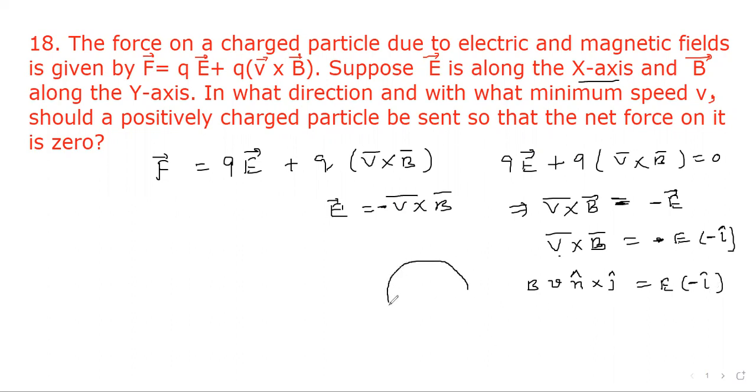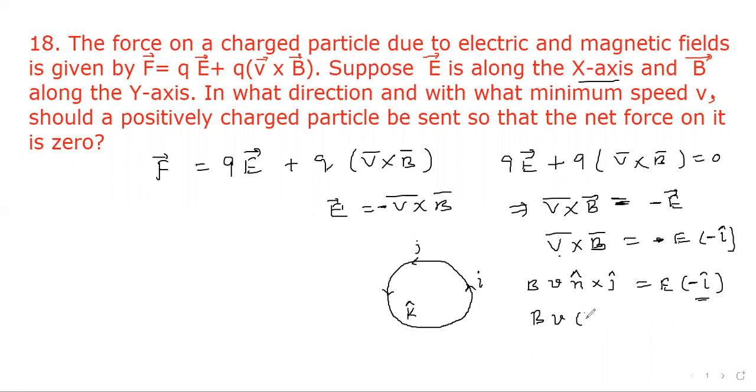So if we use a rule of cross product, suppose this is i cap, this is j cap, this is k cap. If we move in this right direction, j cross k will give i cap, but here we have to get minus i cap. It means it should be k cross j.